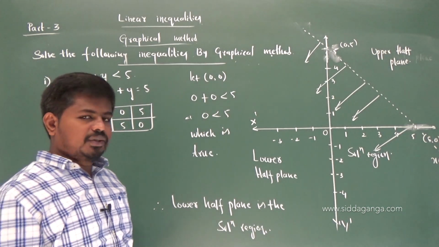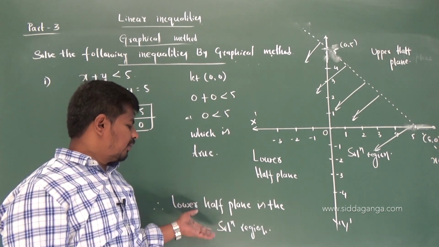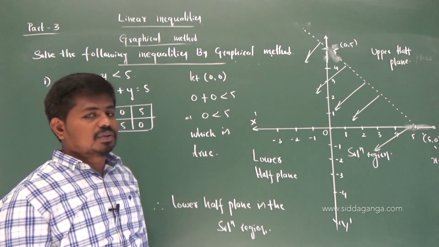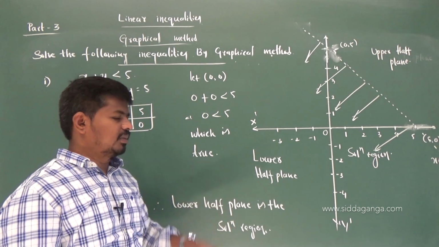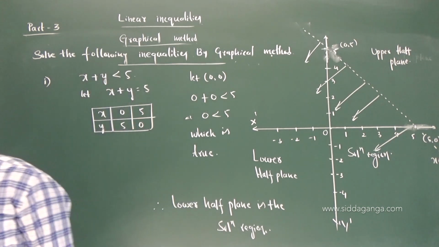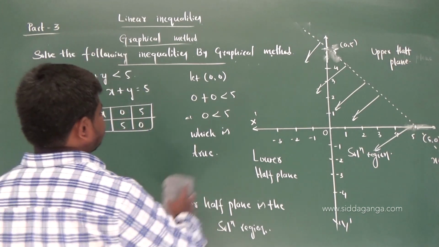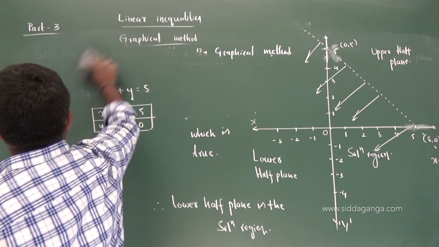And if you are interested, you can also write that the points on the line x plus y equal to 5 do not belong to the solution region. It is better to write this if it is asked in the exam. This is the solution for the first one, and graph paper is required for this.